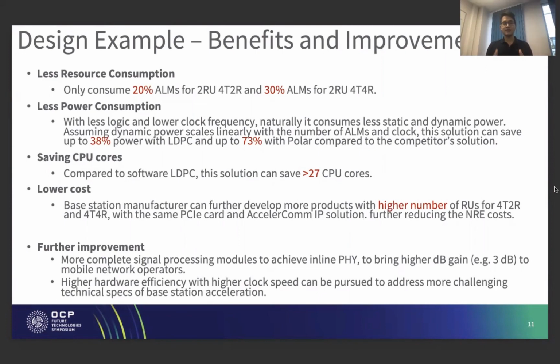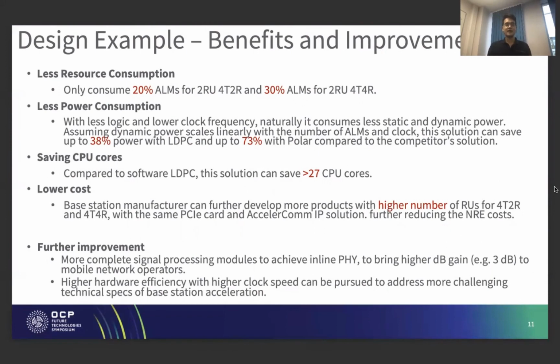In terms of saving CPU cores, in comparison to the software LDPC alternative, our solution can save more than 27 CPU cores. And in terms of costs, because we consume less logic, we can achieve higher numbers of RUs for 4x2R and 4x4R with the same card and same solution, but multiple instances of the IP to further reduce the NRE costs for our customers.